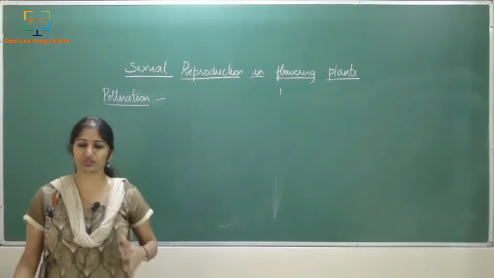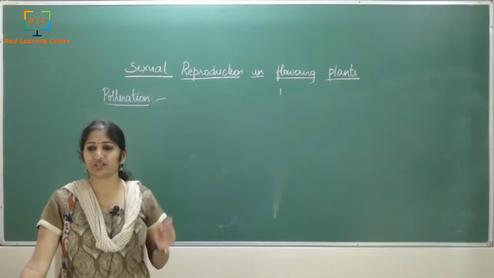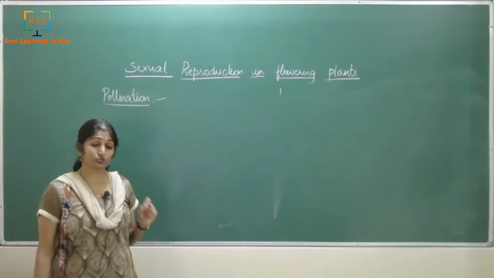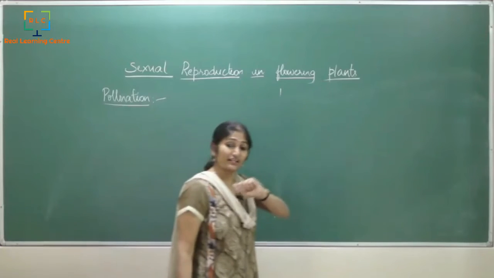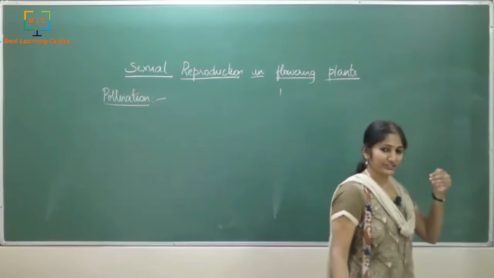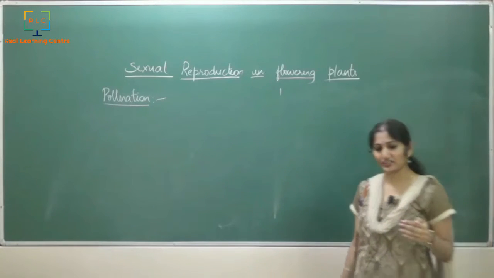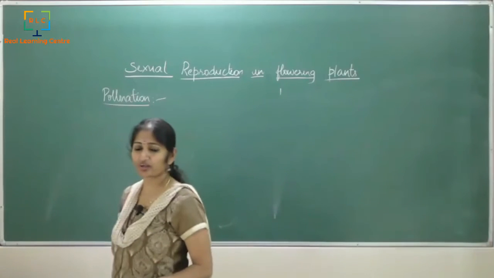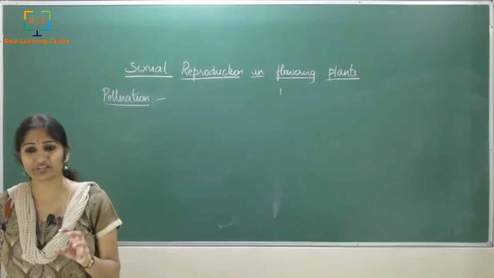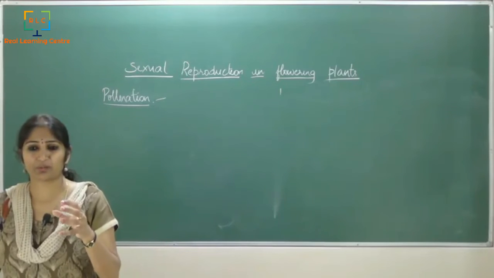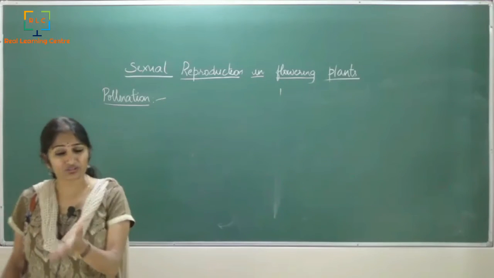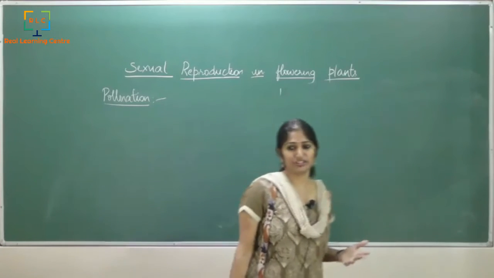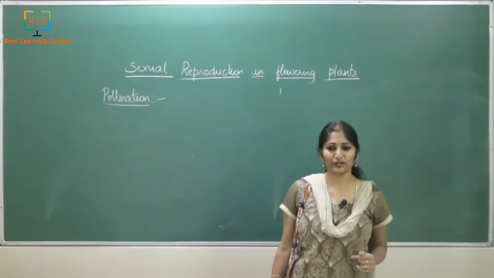Basically, to define, it is nothing but the transfer of pollen grains. Please do remember the pollen grains are not attached to the anther; they are already desiccated, dehydrated, and almost vulnerable to come out of the anther. So if the pollen grains coming out of the anther fall on the stigma, you call that entire process pollination.